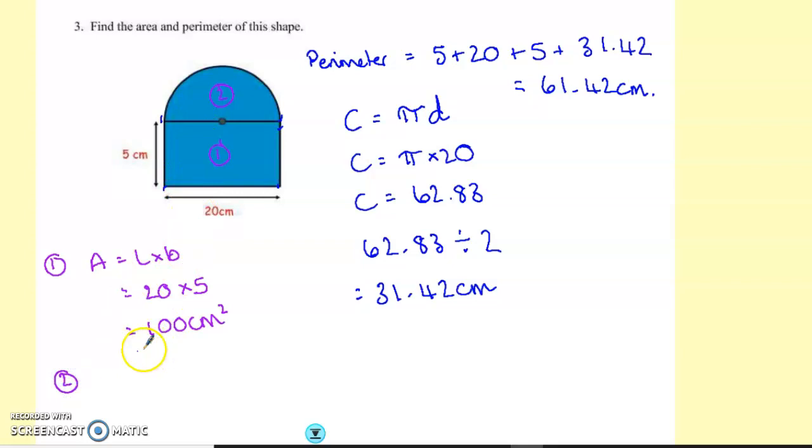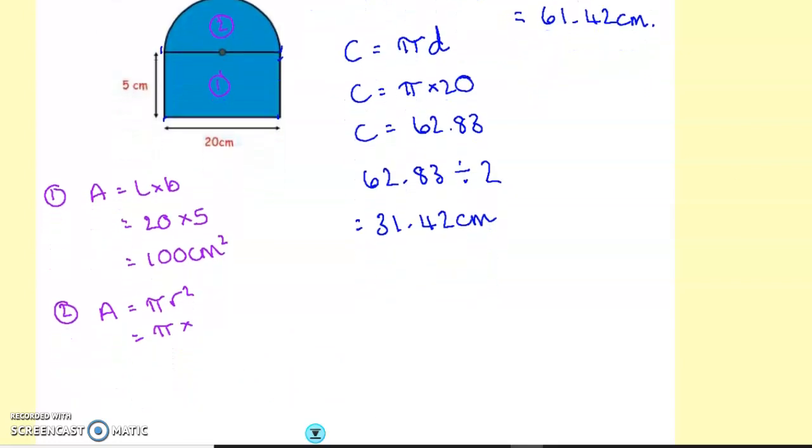2 is a semicircle. We're going to start by finding the area of the full circle, using the same formula as before, which is pi r squared. So we're doing pi times, now the diameter of the circle is 20. Then the radius of the circle is half of that, which is 10.